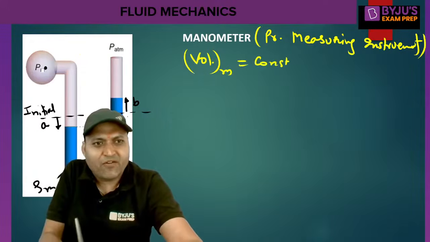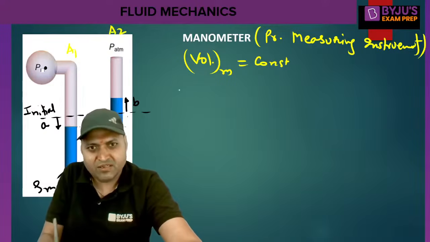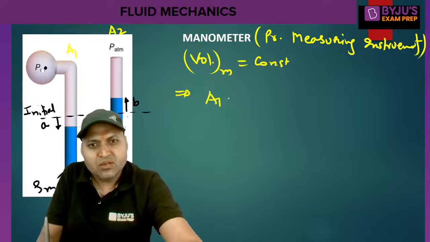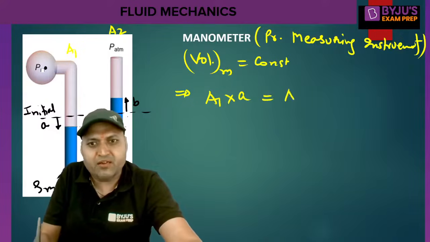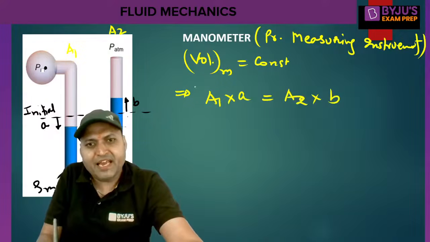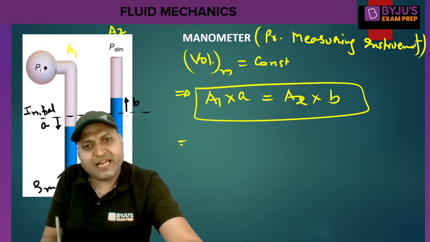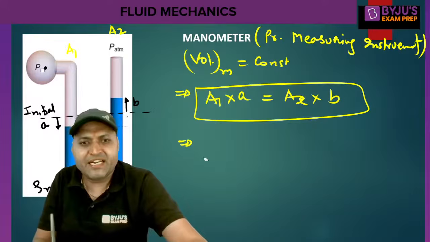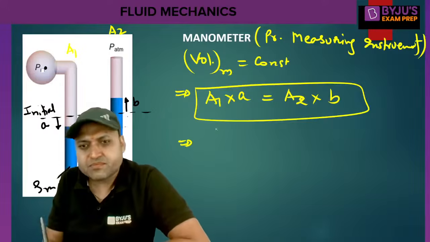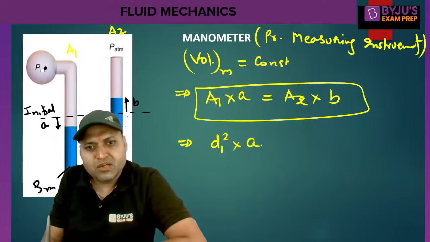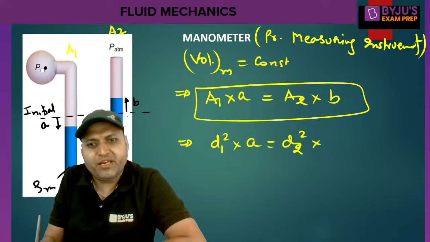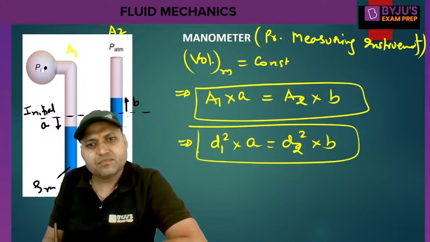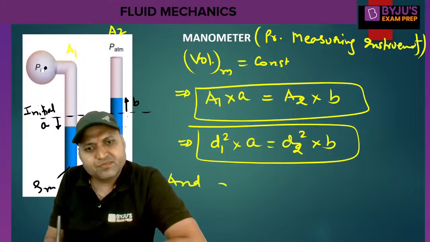So we can say A1 is the cross-sectional area of the left limb, A2 is the cross-sectional area of the right limb. So A1 into a is A2 into b. Or if the cross-section is circular, then D1 square into a is equal to D2 square into b. And x is equal to a plus b.